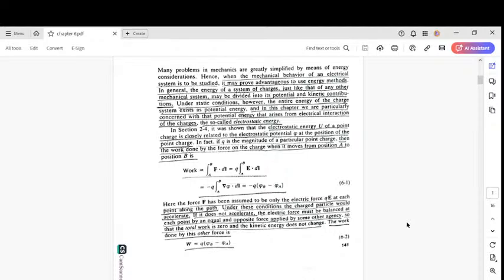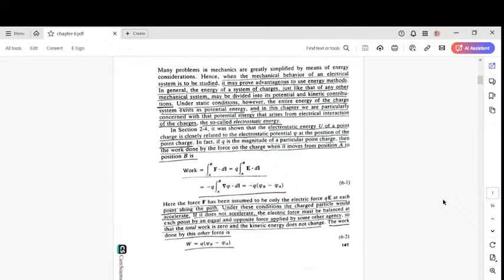Therefore, here the force F has been assumed to be only the electric force QE at each point along the path. We have studied it as an electrostatic force.